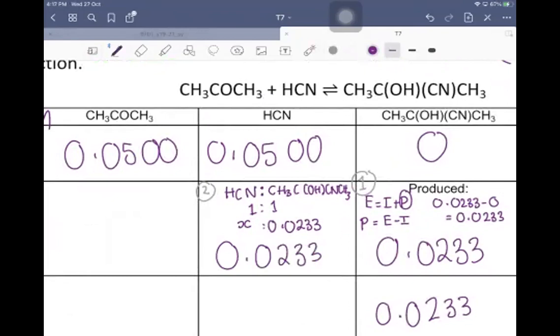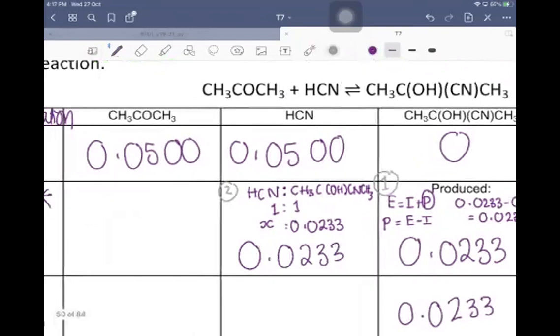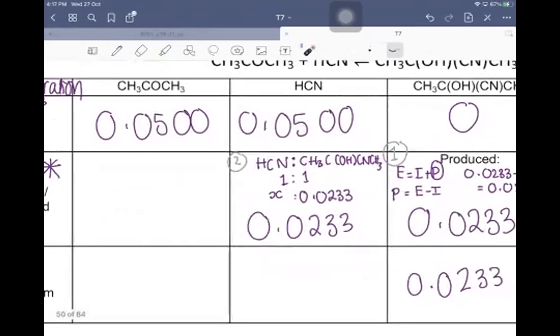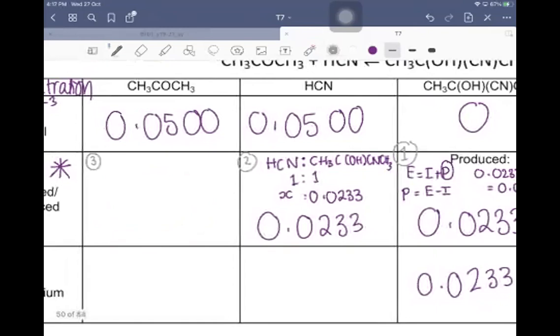I think you can see the pattern here. Next step, you can choose to find the concentration of hydrogen cyanide at equilibrium, or you can find the concentration of propanone that has reacted based on the mole ratio. That is totally up to you. To be consistent, I would just work out the amount of propanone that would have reacted to produce 0.0233 mole per dm cube of product.